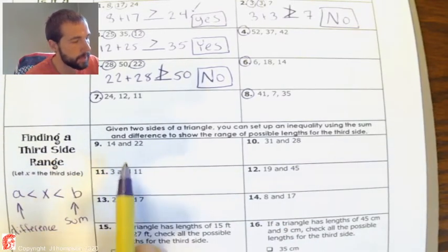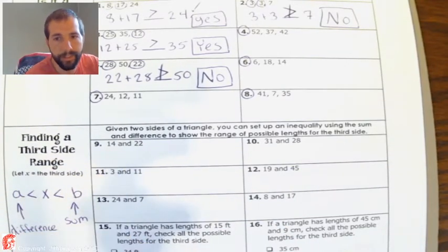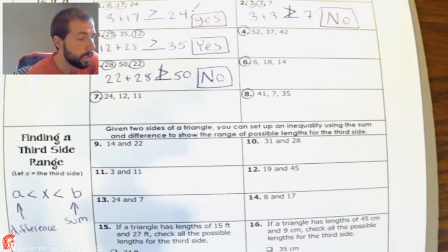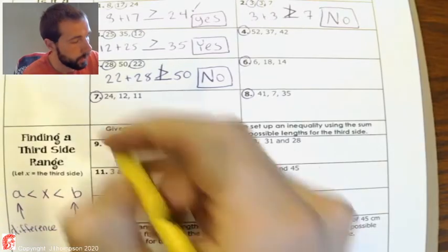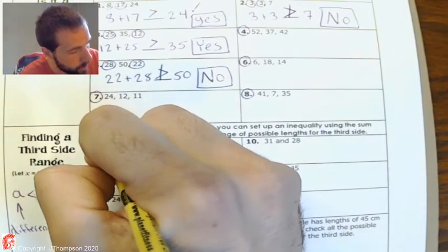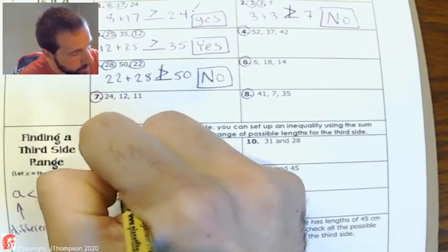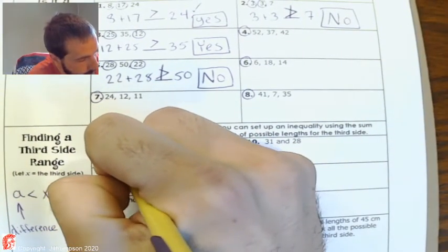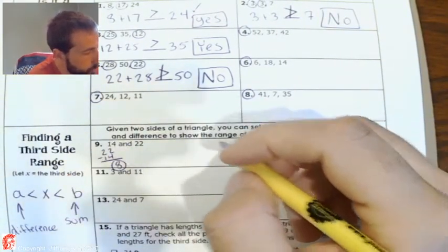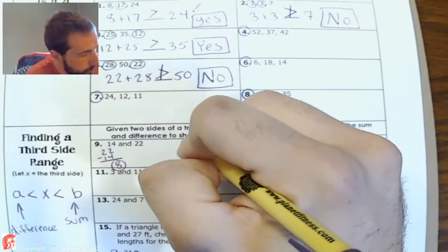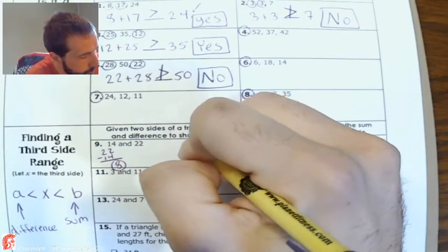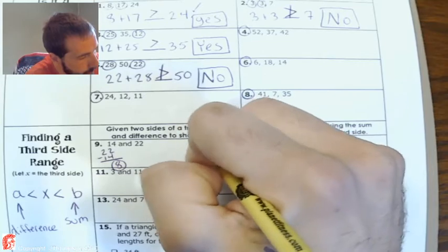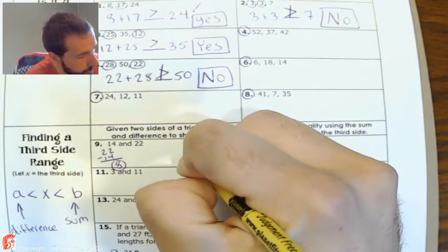Okay, so what I mean by that is, for number 9, we're going to find the difference of 22 and 14. We do 22 minus 14, and when we subtract, we get 8. And then we're going to do 22 plus 14, and when we add those together, we get 36.